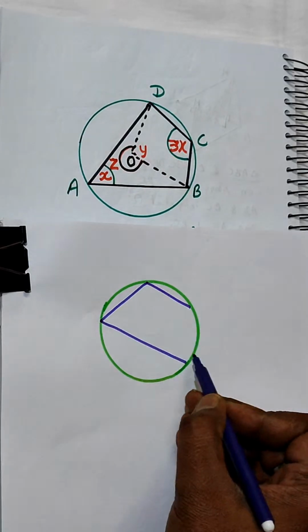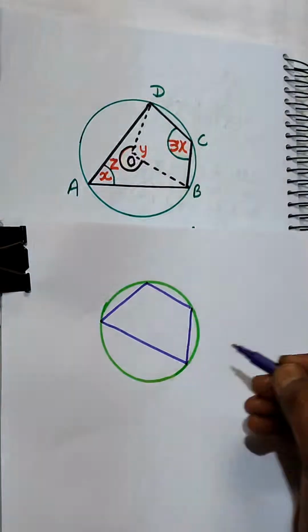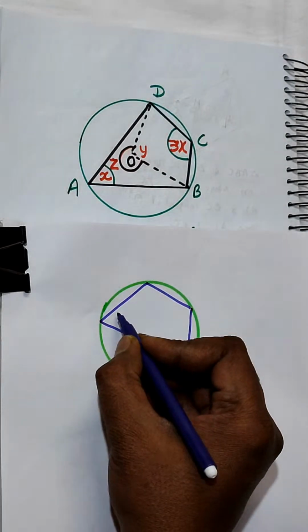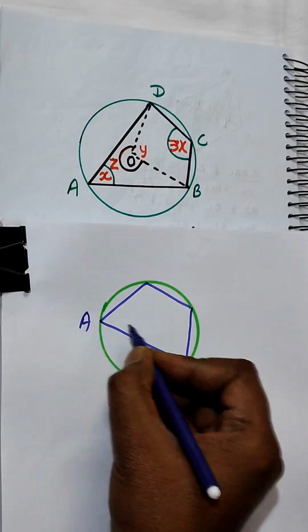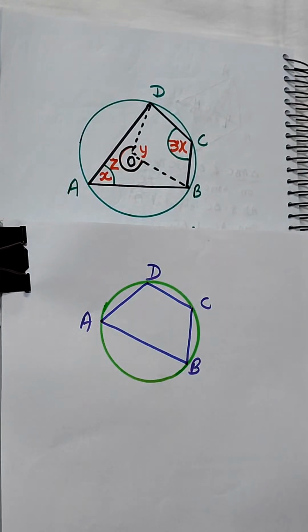It may not be to scale, but you can consider this. If this is A, B, C, and D, this is the cyclic quadrilateral.